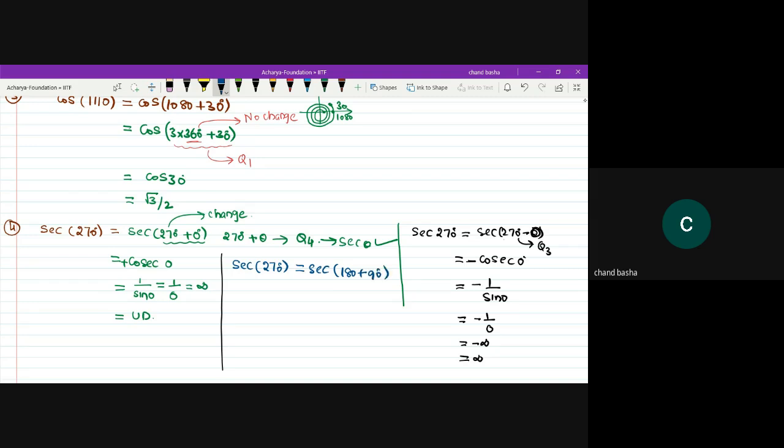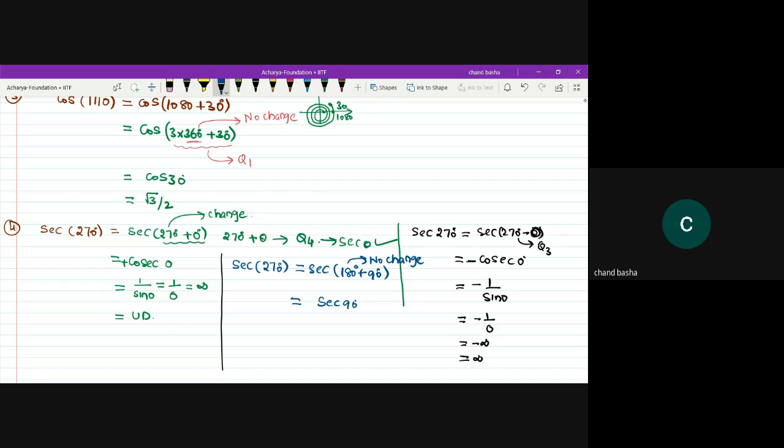See how many ways I'm solving this question, guys. Whenever we are using 180, there is no change in trigonometric ratio. I can take it as secant 90. No change because I'm using 180 multiples.